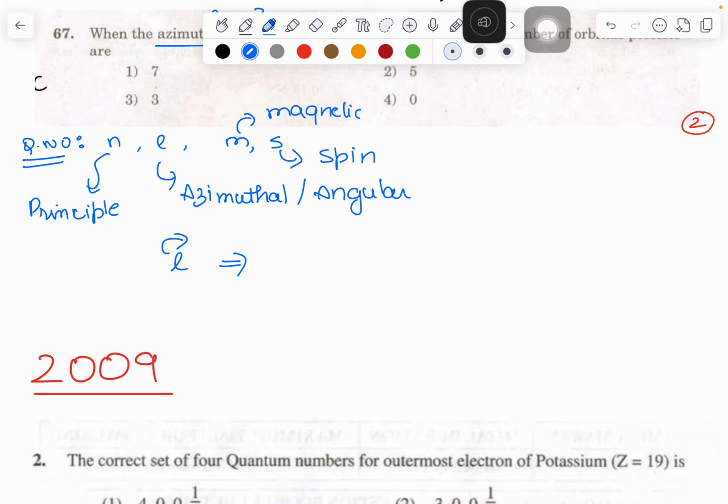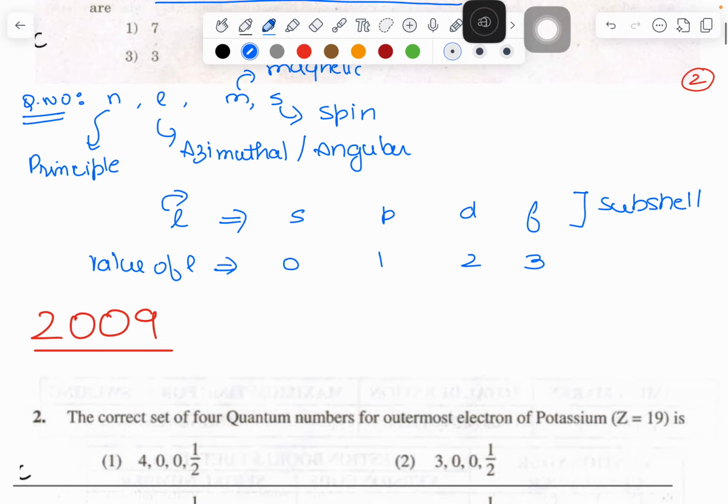So subshells are S, P, D, F. These are the 4 subshells. Let's see the value of L for these subshells. That is 0, 1, 2 and 3.